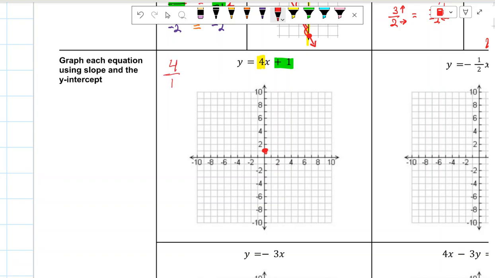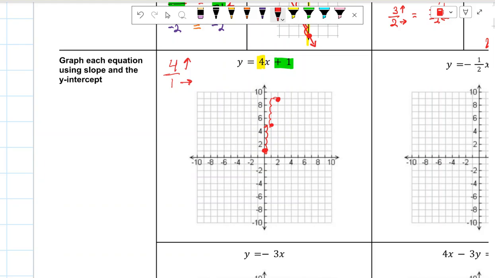And we have plenty of room to go up. So we're going to go up 4. 1, 2, 3, 4. We arrived at 5 because 5 is 4 away from 1. And then we're going to go right 1. Remember, we went up positive and right positive. Let's repeat that again. 1, 2, 3, 4 over 1.